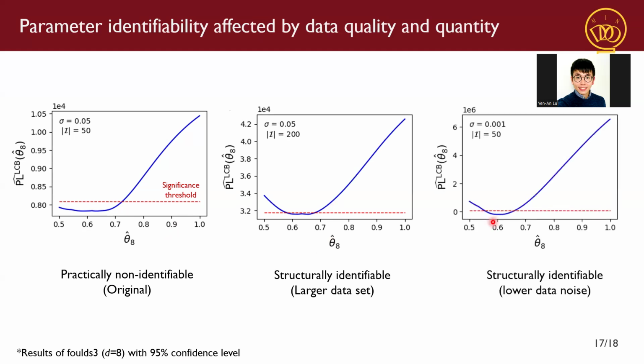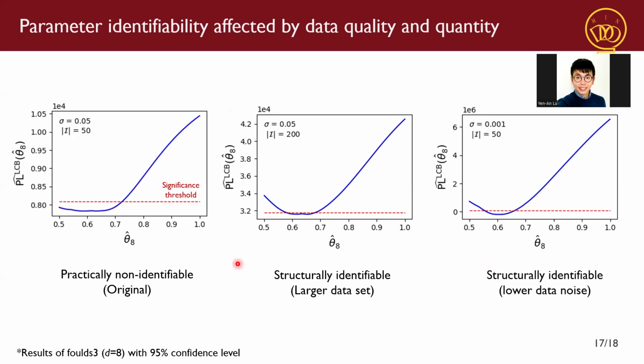On the other hand, we improved our measurements by decreasing the measurement noise on our synthetic data sets. We also show that we can convert the parameters into identifiable parameters. This result aligns with the traditional PL analysis, where we can leverage the profile likelihood result to indicate future experimental designs.